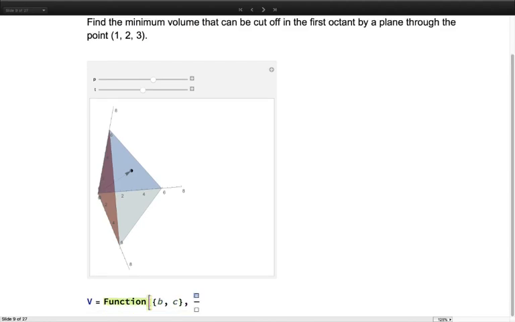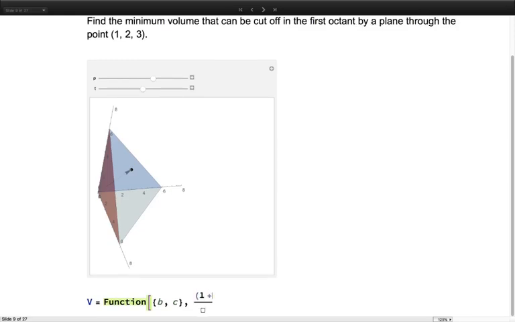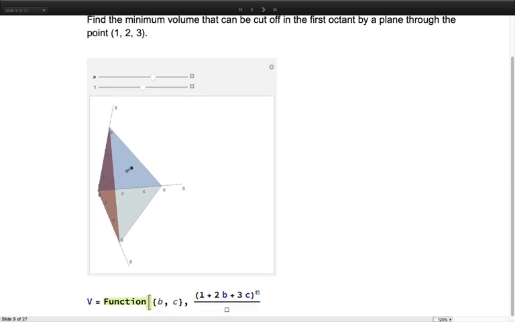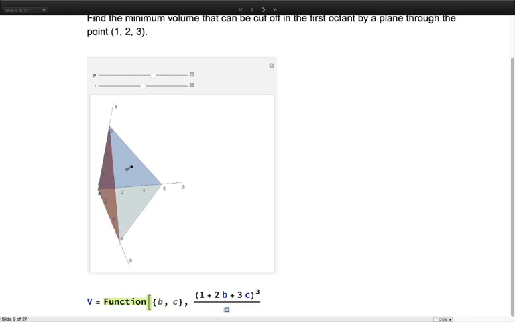I'll use a couple of shortcuts, but you can do it in the usual way. (1 + 2b + 3c) all cubed, over BC. Now be careful to put a space between B and C if you want to multiply them and not just refer to a variable called BC. Put a semicolon at the end. I don't want it to print any output. There. Now V is well defined.